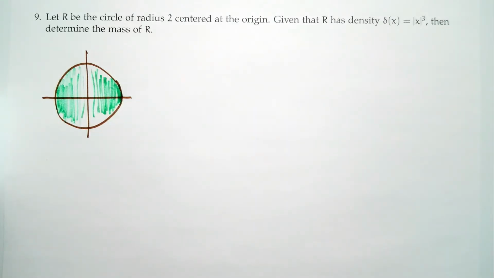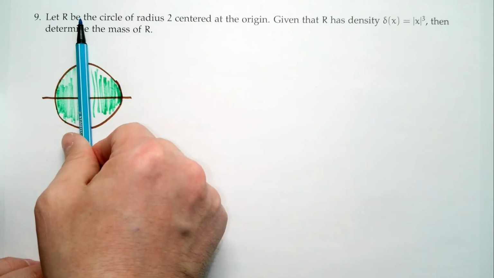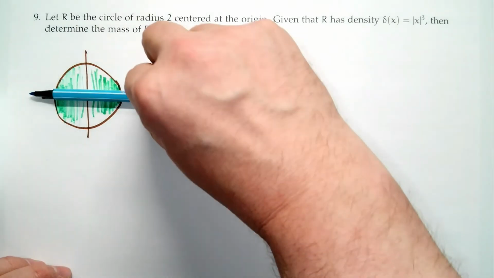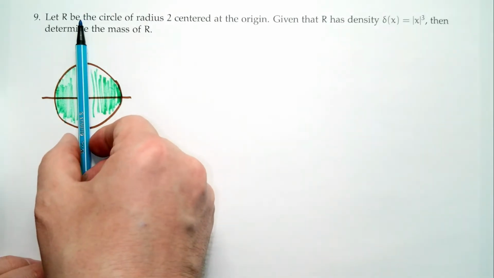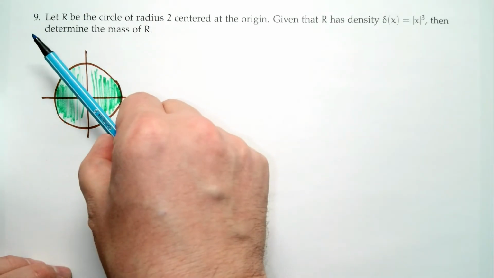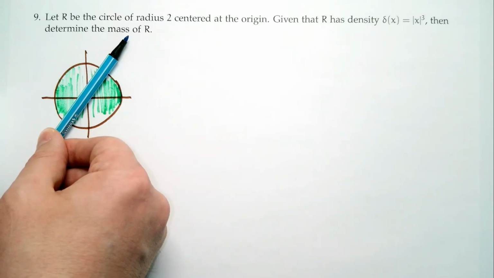Symmetry. Okay, and what type of symmetry? Well, it's symmetrical with respect to the y-axis and symmetrical with respect to the x-axis. Wherever you see a line of symmetry, your center of mass has to be on that line of symmetry. Is it symmetrical with respect to, say, the line y equals x? The density is not symmetric.